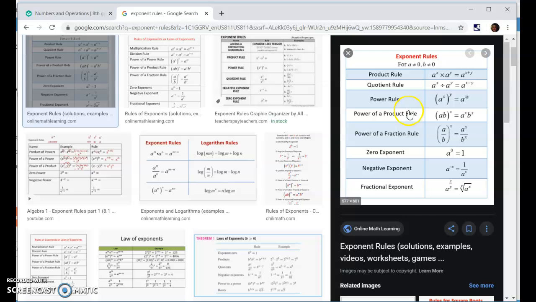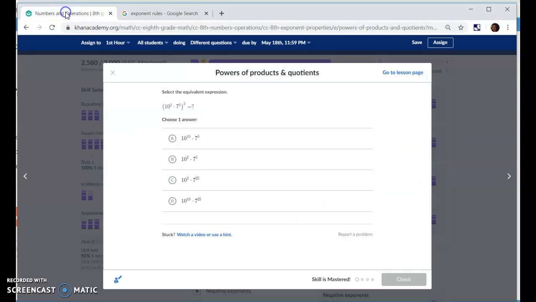Whenever we have, and this is the power of a product rule, our exponent out here on the side, it goes to both of the numbers inside the parentheses, and then if any of those numbers have an exponent, then we would be multiplying it by that.